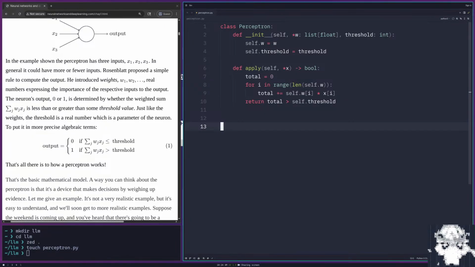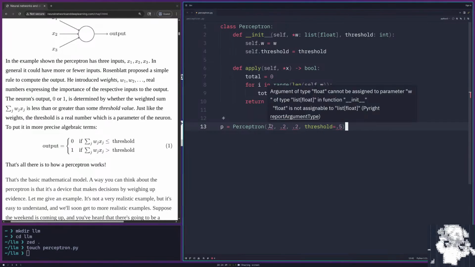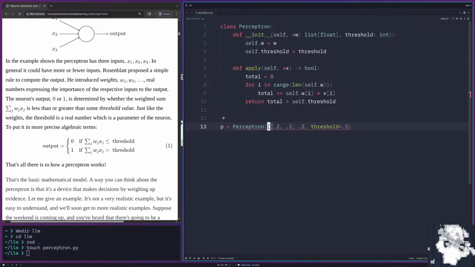Let's try it on some test cases. So p equals Perceptron. I actually don't know if this will work. Let's say 0.2, 0.2, 0.2, threshold equals 0.5. Is this allowed? I guess this would have to be a list.